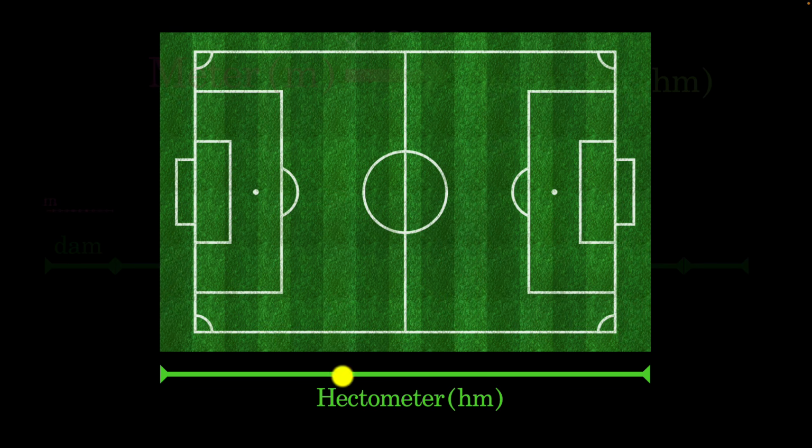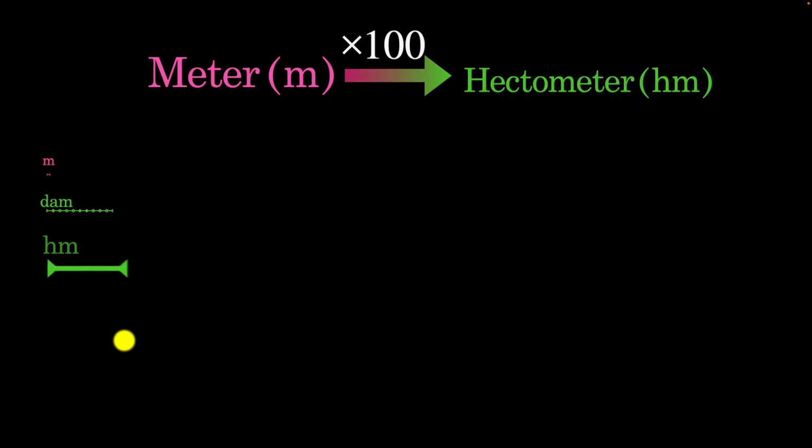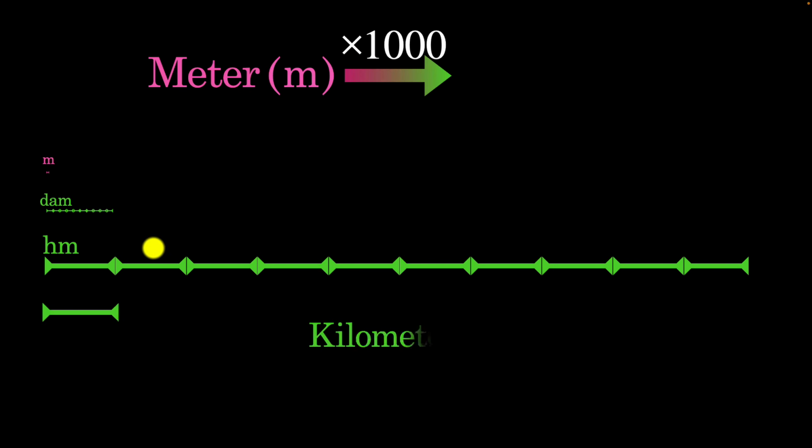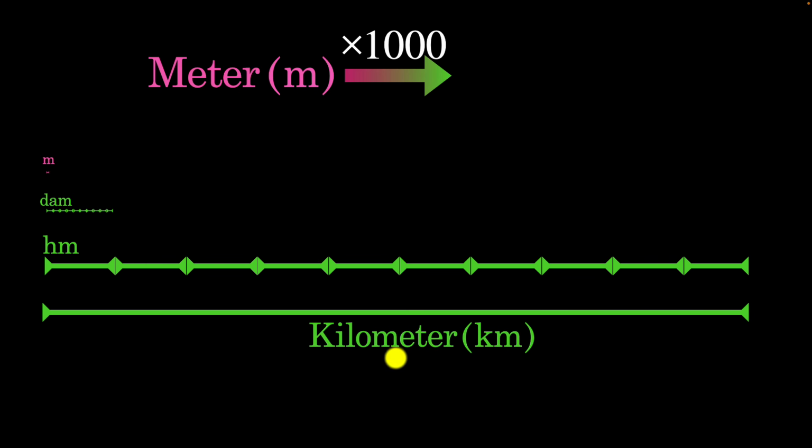This is a huge unit, but why stop there? Let's go even bigger. So let's take the hectometer and multiply that by 10. That will be 10 times 100 times meter, which is 1,000 times meter. We call that the kilometer. The prefix kilo stands for 1,000 times something, and it's abbreviated as small km.